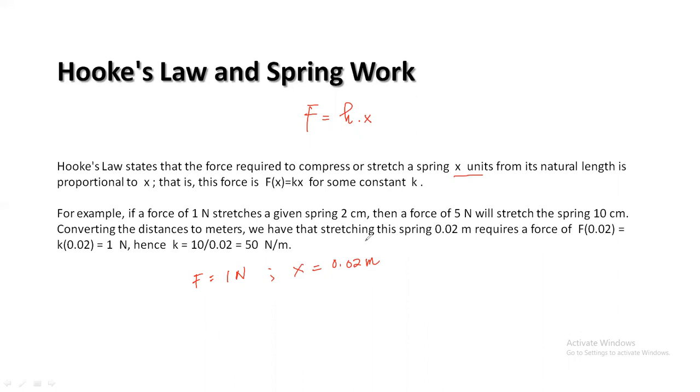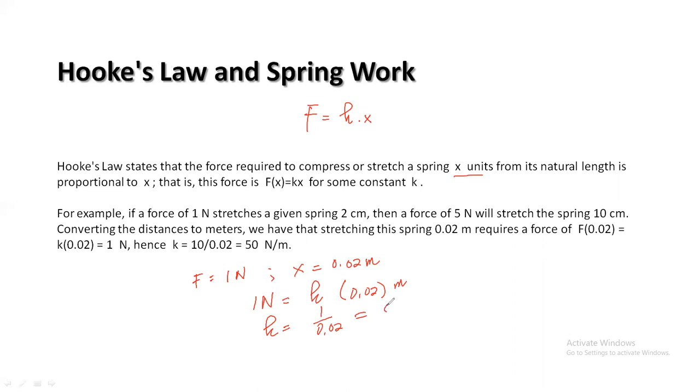So given this particular set of values, class, using this particular formula, you just substitute. So you have 1 Newton is equal to k, the Hooke's law constant, times the disturbed length of the spring in meters. And you'll be able to get the Hooke's law constant, the k that is, as 1 divided by 0.02. This one is in meters already.